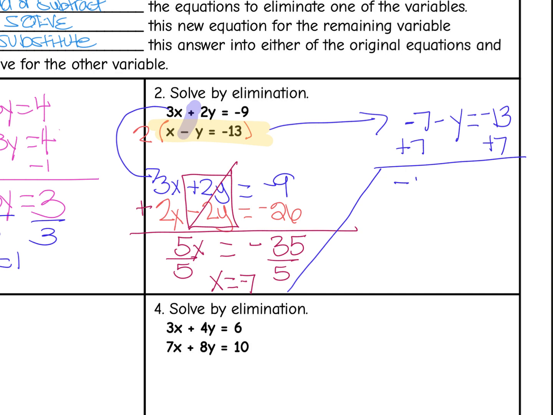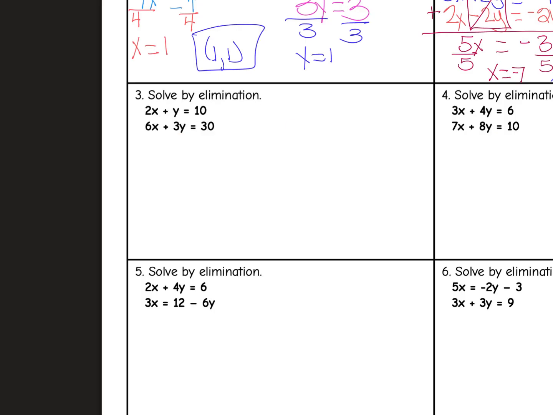I have negative y equals negative 6. And then I'm going to divide by a negative 1, so I have that positive y, where y value equals 6. So the solution to this system of equations is the ordered pair negative 7, 6. So now let's look at number 3.